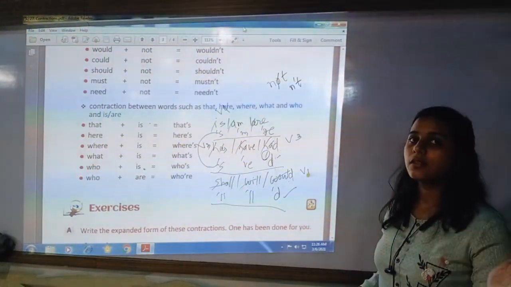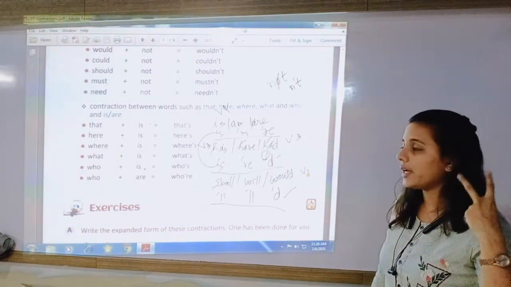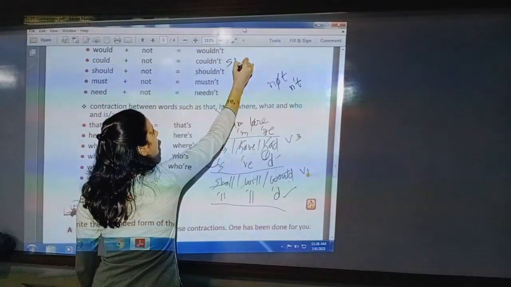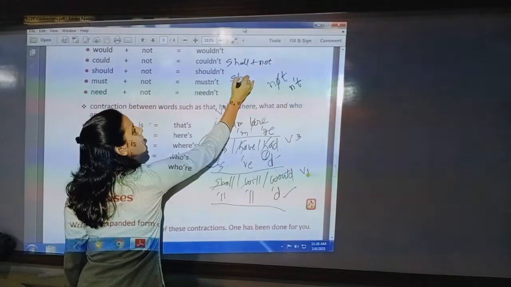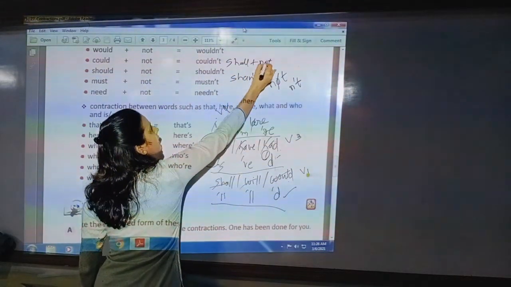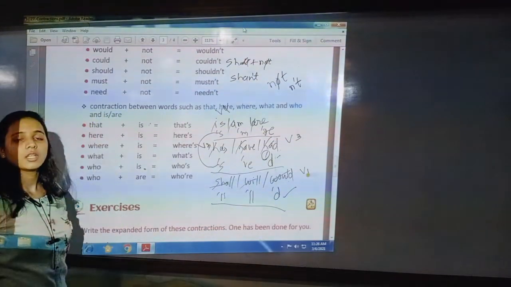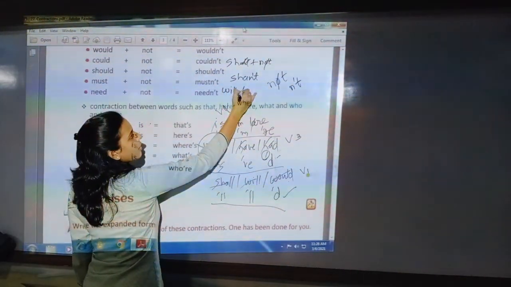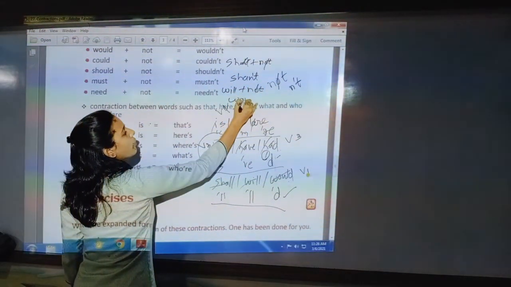And if the not is with shall and will, then shall plus not will become shan't. That means O will be removed from not and double L will be removed from shall. And if it is with will, then it will become won't.